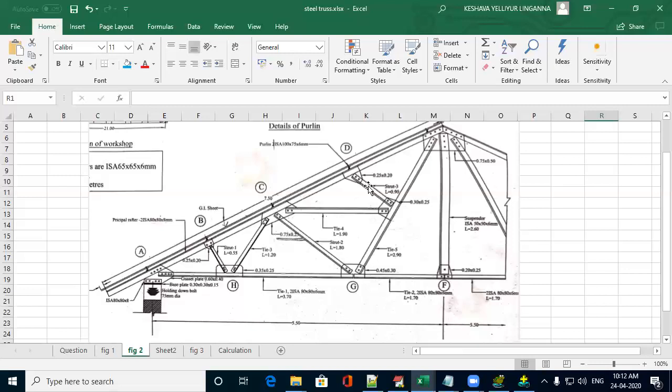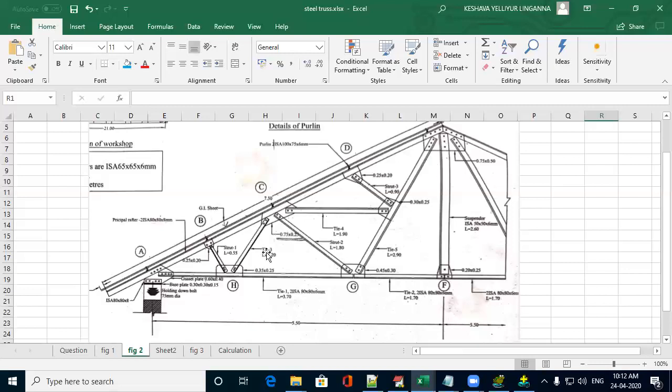So these are the gusset plates, and you can see the bolts also here. You can't weigh each and every bolt. So we will be taking the bolts as some percentage of total steel required for the construction of the work.